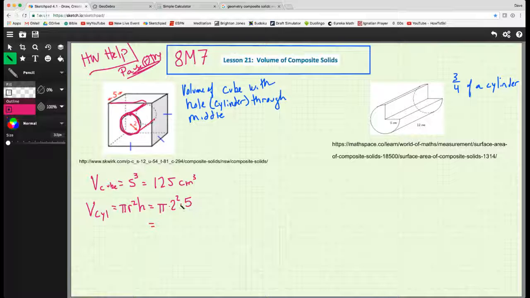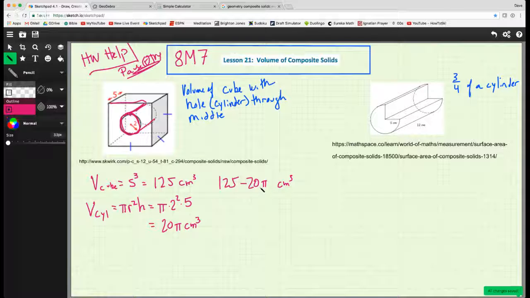So that's equal to 4 times 5, which is 20 pi centimeters cubed. So we're going to take our cube and subtract our cylinder. So our answer is really 125 minus 20 pi centimeters cubed.